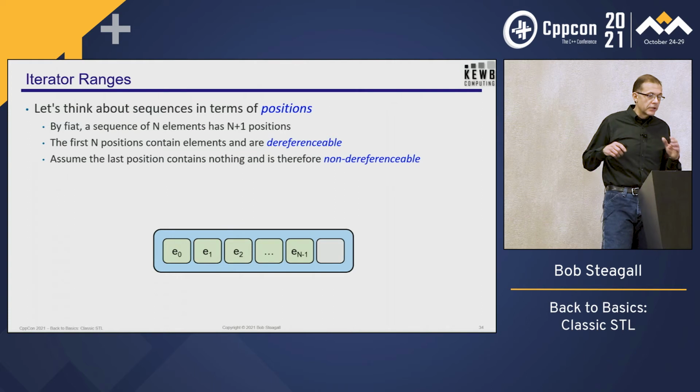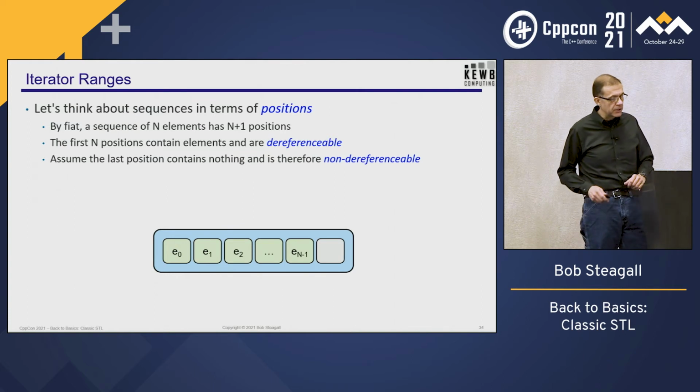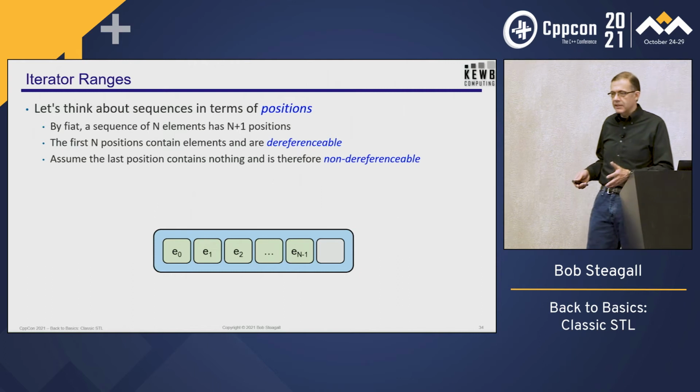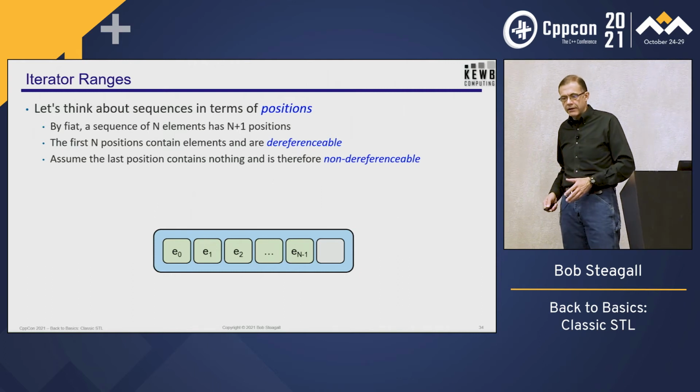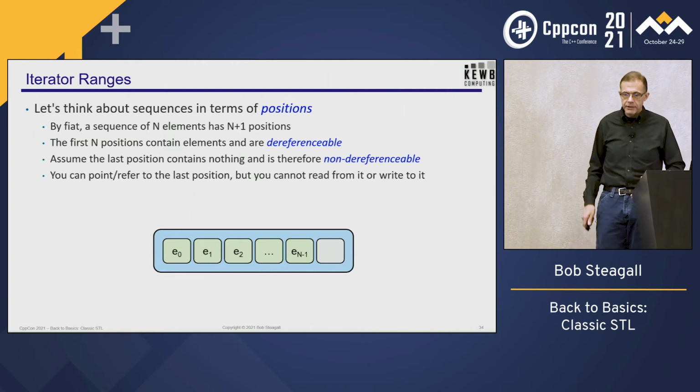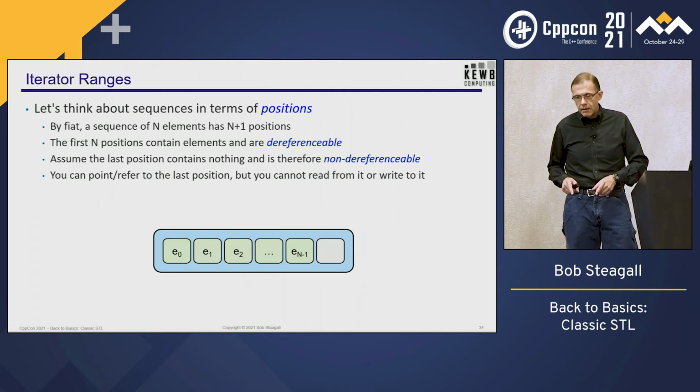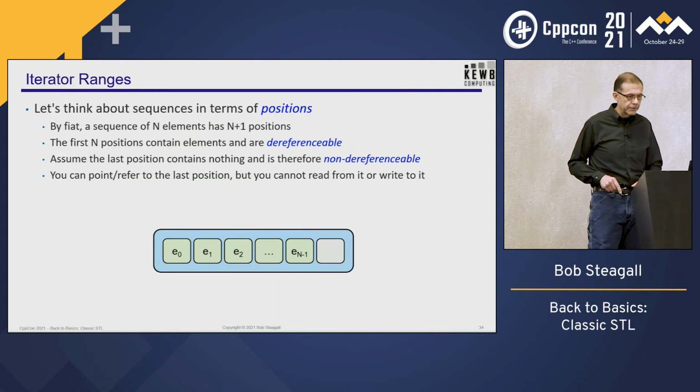And we will assume that the last position contains nothing. There's nothing there to be dereferenced, and dereferencing that is an illegal or invalid operation, and it's therefore non-dereferenceable. You can refer to the last position, but you cannot write to it or read from it.